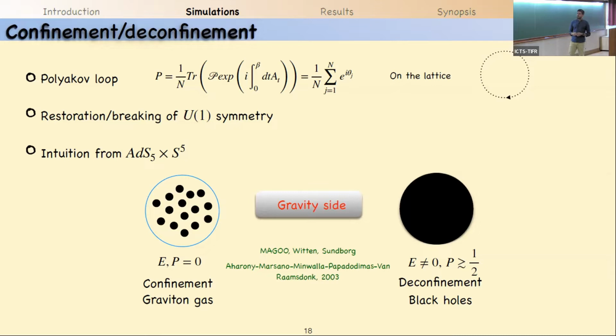The intuition from AdS5 cross S5 is that this transition has a very specific correspondence on the gravity side. As reported by these people here, confinement corresponds to a graviton gas where the energy and the Polyakov loop are 0, while deconfinement corresponds to black holes where the energy is non-zero and the Polyakov loop gets an expectation value.